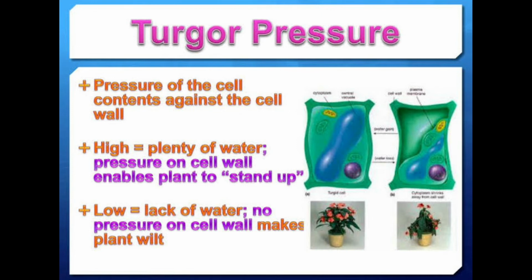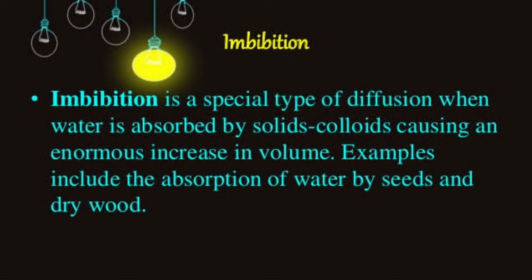Next, another definition that we keep on discussing, that is imbibition. Imbibition is a type of diffusion where water is absorbed by solids and colloids, causing them to increase in volume. What are solid colloid substances?